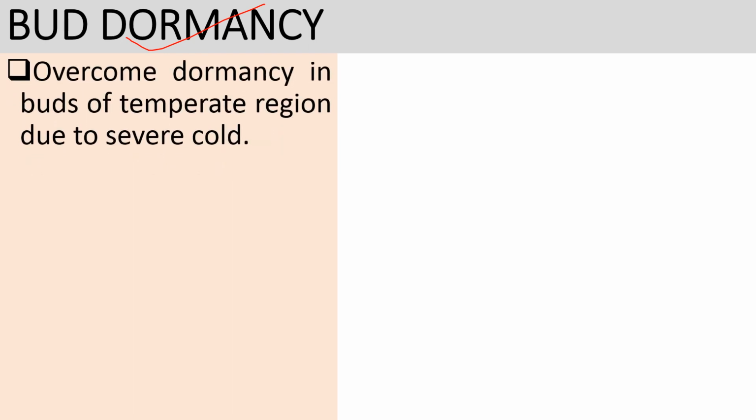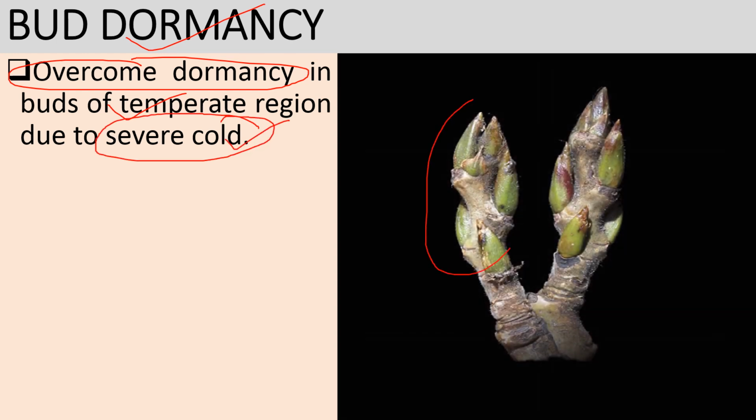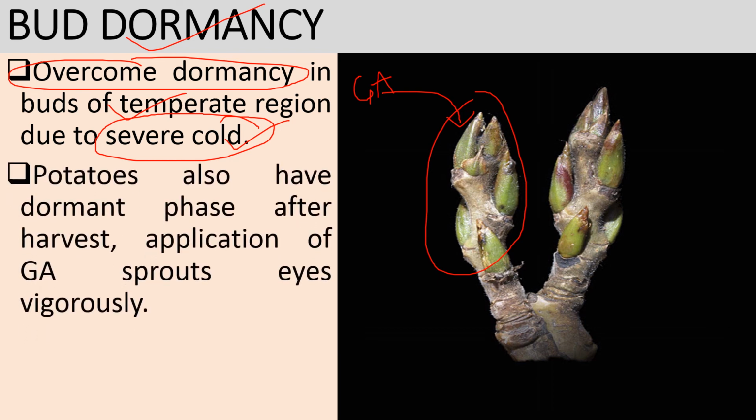Next is bud dormancy. This helps in overcoming bud dormancy in the buds of temperate regions due to severe cold conditions. So these are the buds which are dormant. When they are treated with this GA, they become active and form shoots or leaves. Potatoes also have a dormant phase after harvest.